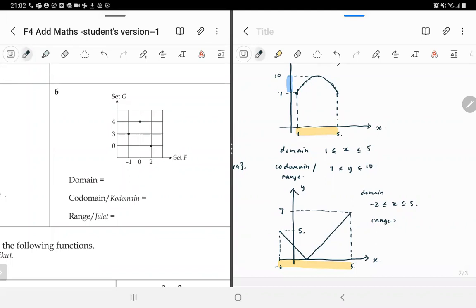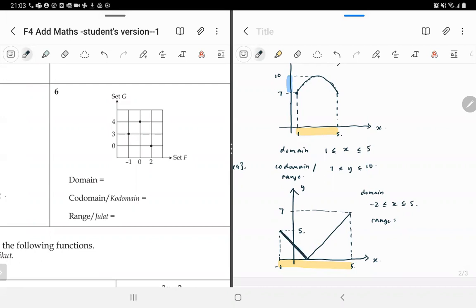The range will be, you see the vertical one. It is actually from what value to what value? My graph is this line.